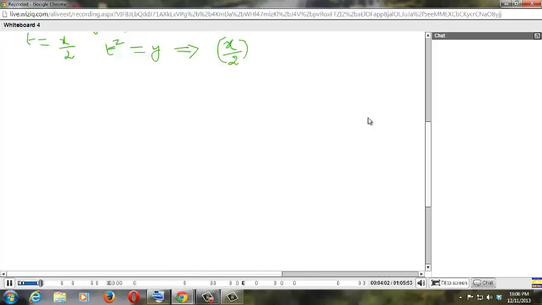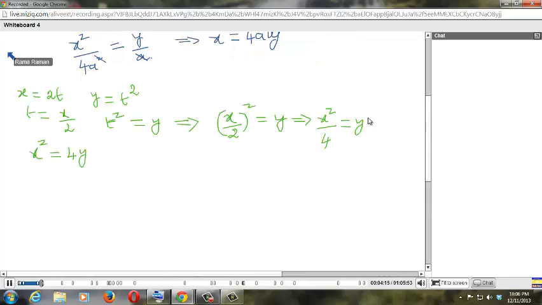So x over 2 the whole square will become y, or that would imply x square over 4 is y, or in other words x square is 4y. So this is the Cartesian equation of the parabola. Now we will give different values for t and get the corresponding values for x and y and sketch the graph of this parabola.